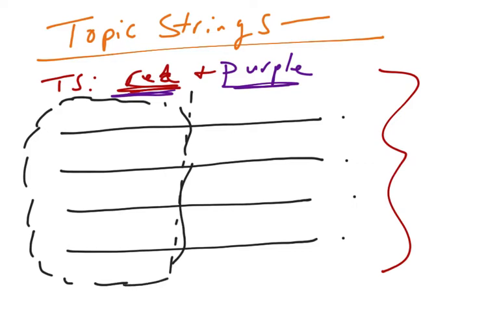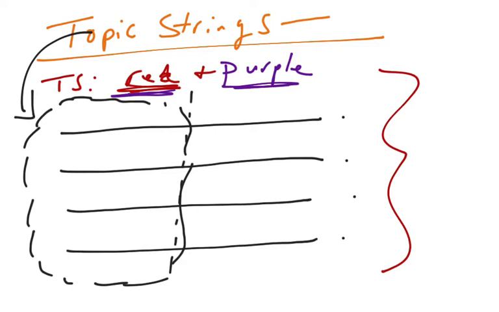So I'm interested in looking at what types of words are located in this section of the sentence. That's what the topic string is. The words to the left of the midpoint of each sentence. I'm not talking about the subject of the sentence. I'm just talking about the first, usually 5 to 6 words of each sentence.